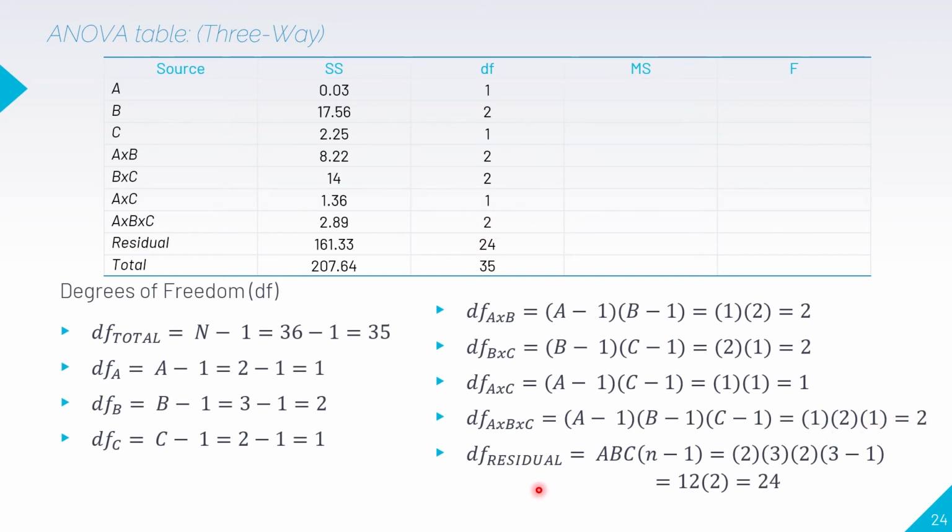For the residual, we multiply the values of A, B, and C, multiplied by n minus 1. Our n is 3, so 3 minus 1 is 2. Our A is 2, our B is 3, our C is 2. So we have 12 times 2 equals 24. So now we have our df's.